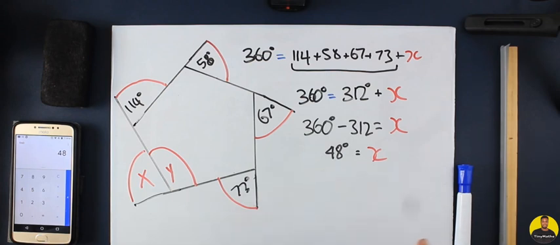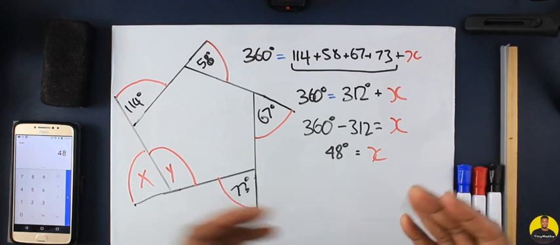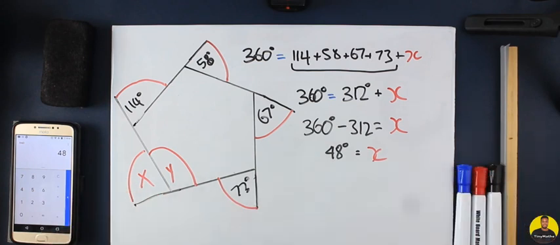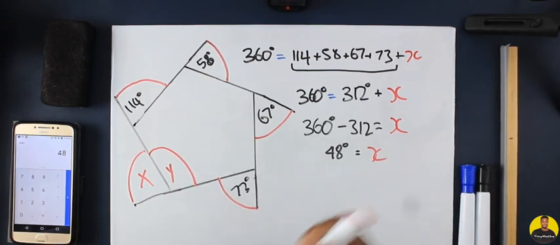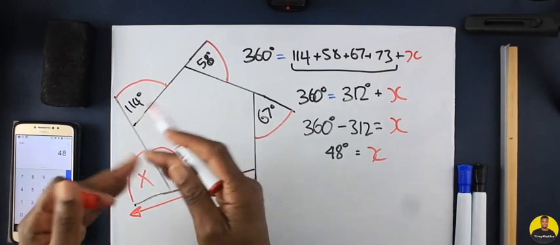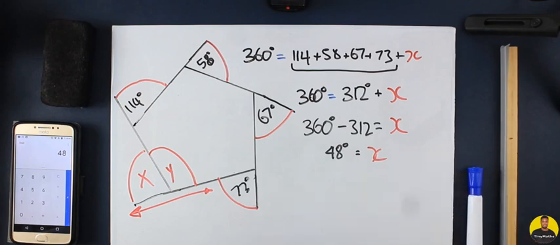Now we have x, we can work out what y is. How can we do that? Simply by remembering that since this is a straight line here, the sum of all angles on a straight line adds up to 180 degrees. We found out that x equals 48 degrees.